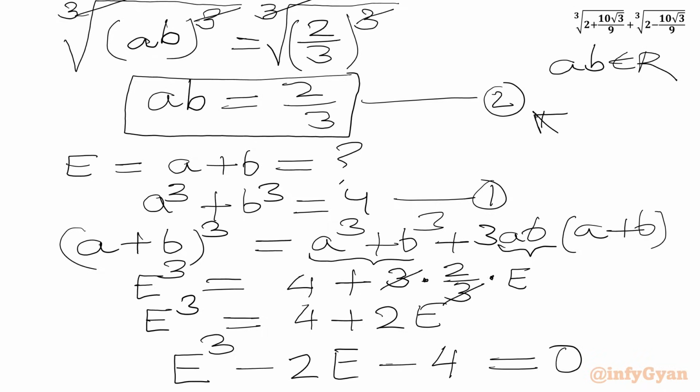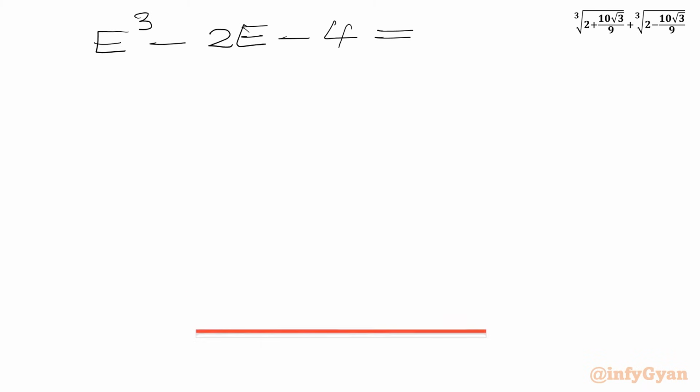Now we have to solve for real values of e. Let me write here e cube minus 2 times e minus 4 equal to 0. Now we are going to split minus 4 here as minus 8 plus 4.